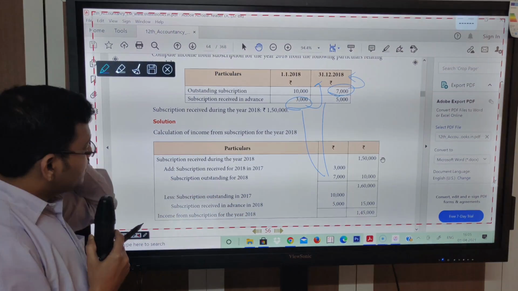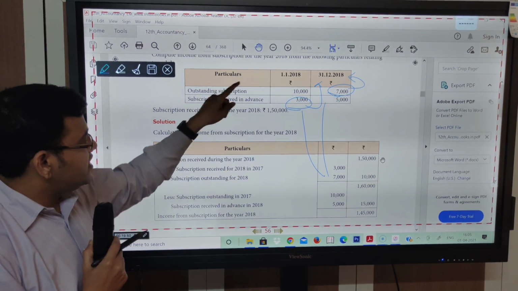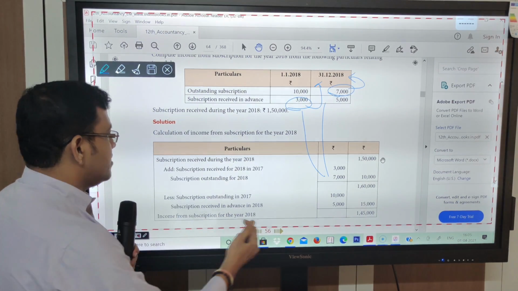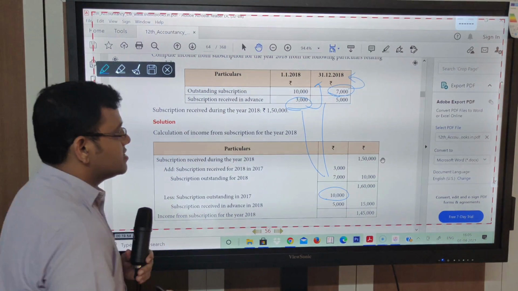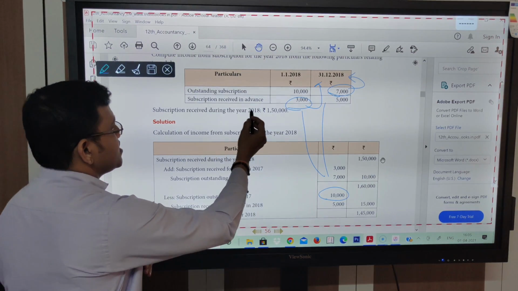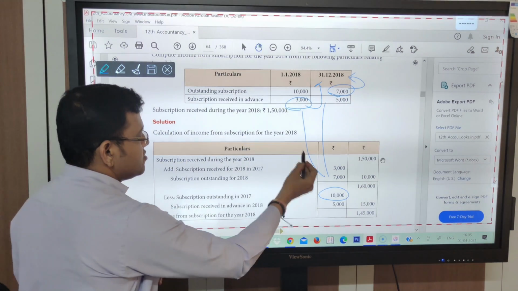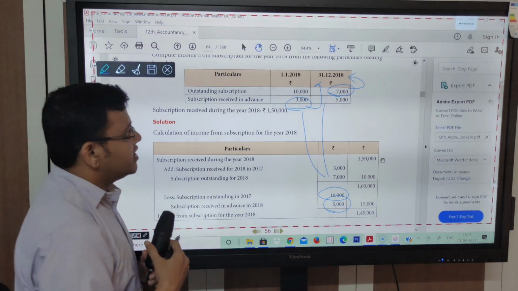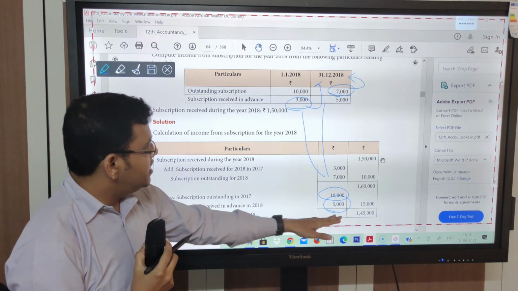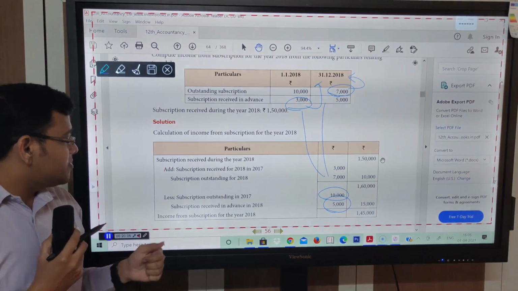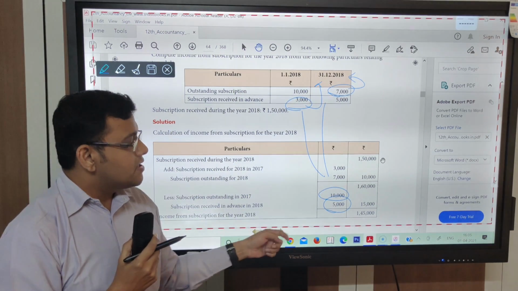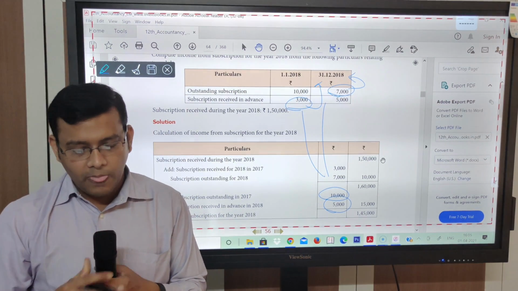And then whatever subscription is outstanding for 17 over here, that will be reduced because it is not pertaining to this 18. And then finally the subscription which is going to be received in advance also we are going to reduce because it is pertaining to next year. So finally you will get the income from subscription for the year 2018 as 1,45,000.